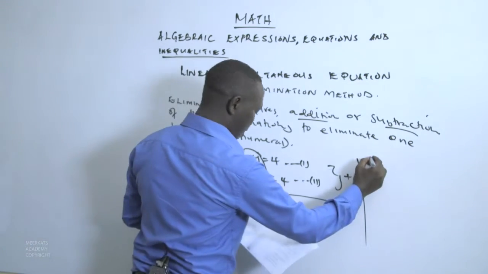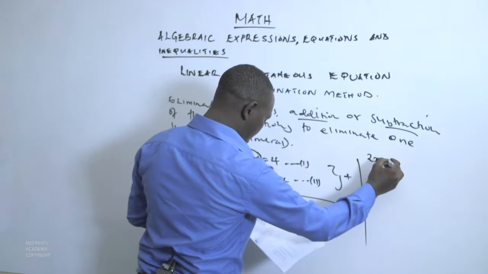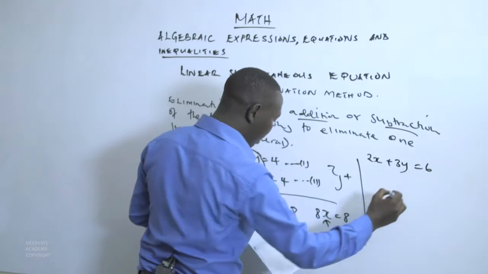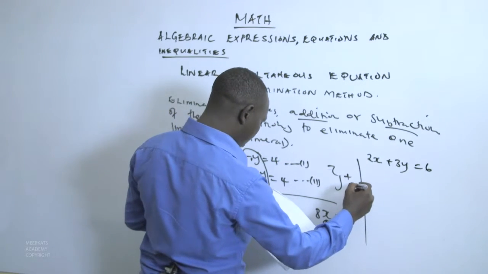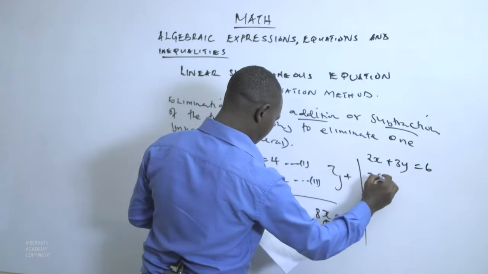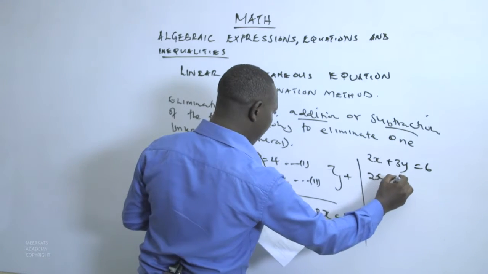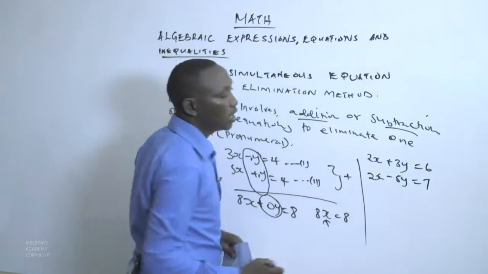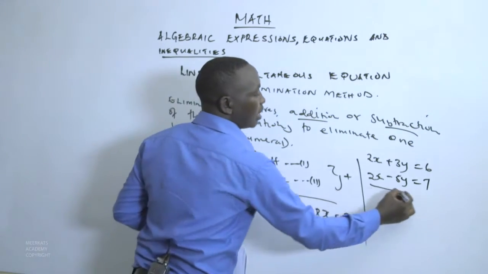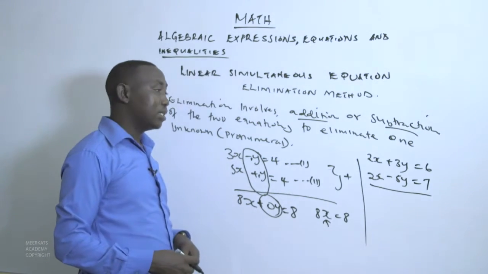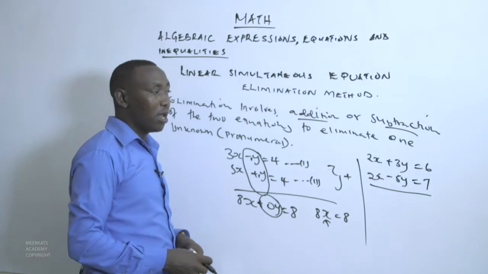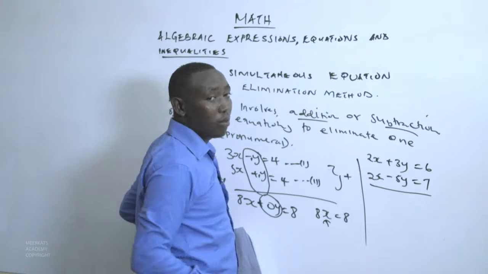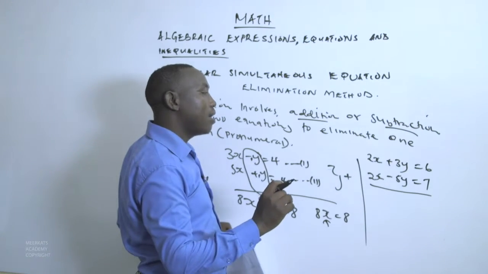What if this was the case? We have 2x plus 3y is equal to 6, and 2x minus 5y is equal to 7. Now if you look at these two simultaneous equations, we have x and y in both equations.